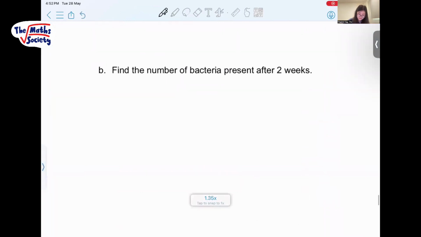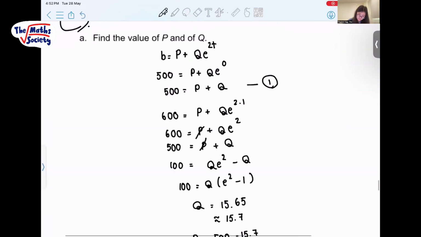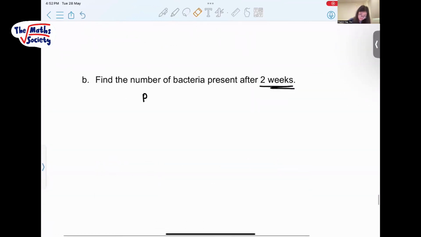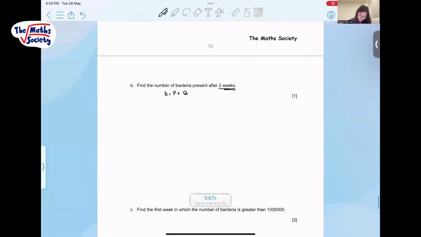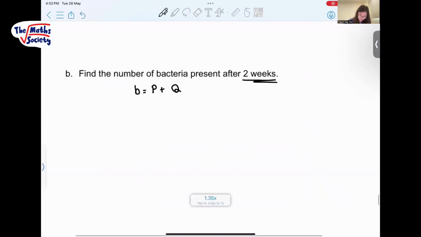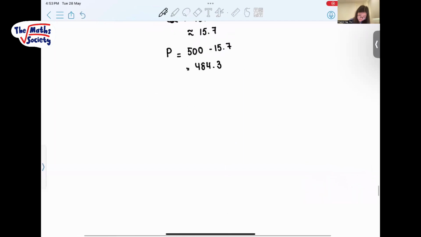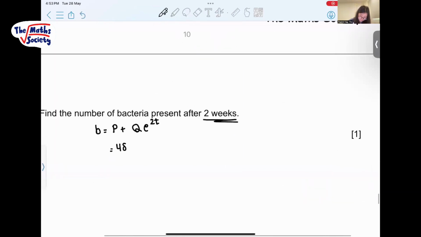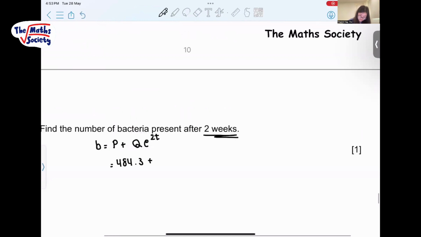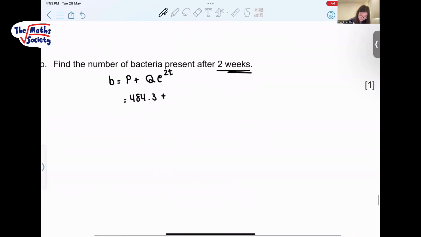Then we want to find the number of bacteria present after 2 weeks. So B equals P plus Q e to the power 2T. P was 484.3, Q was 15.7, e to the power 2, and T was 2, so it's just 4.